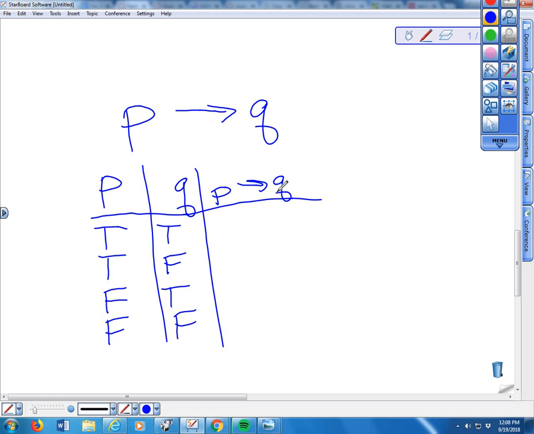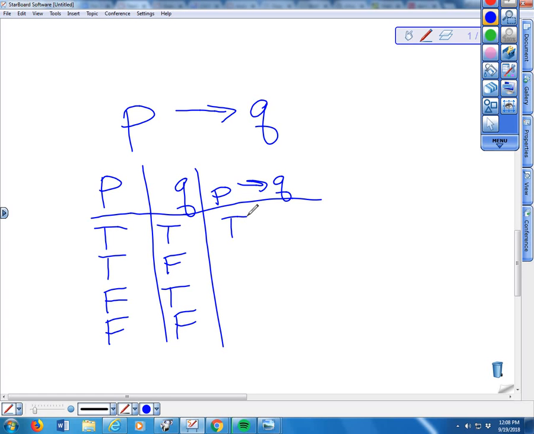Is it possible for me to have a conditional statement that I give you that P is true, then Q happens? That would be a true conditional statement.